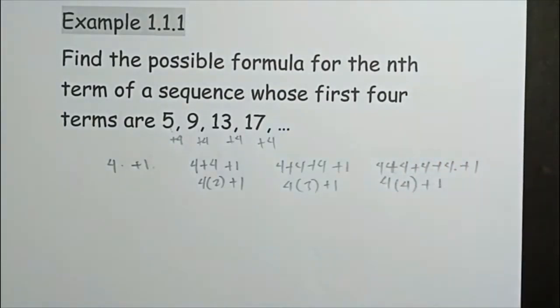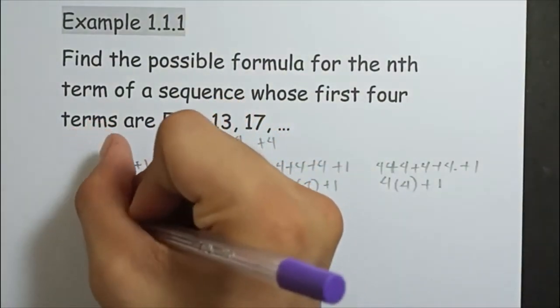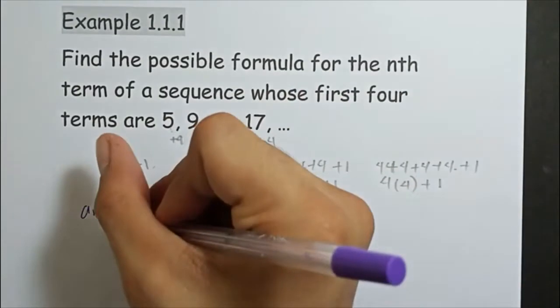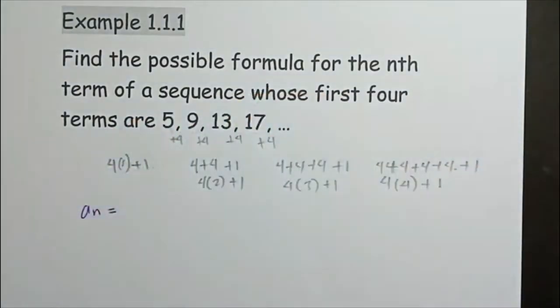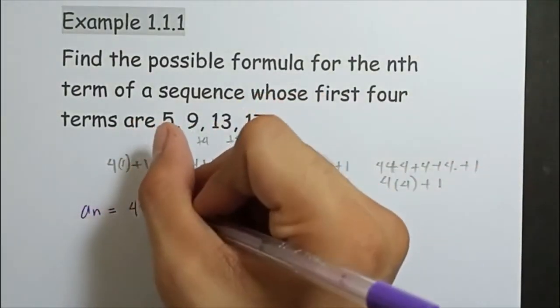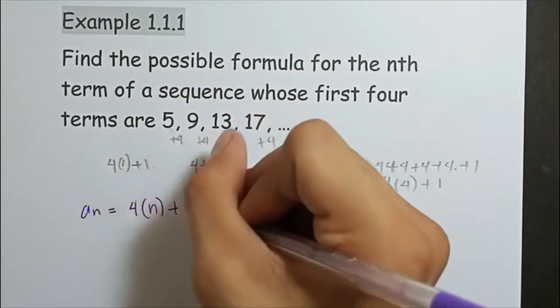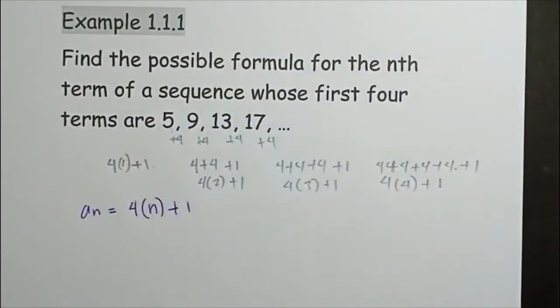So, by this, we can infer, ito naman times 1, that the general formula is a sub n equals 4n plus 1. Diba?